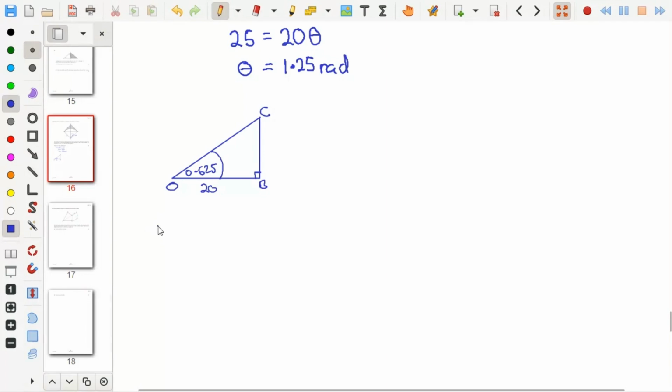So I can apply the cos ratio. Cos of 0.625 is equal to 20 on OC. So OC should be 20 on cos 0.625. So calculate this one for me. Let's see what you're going to get.